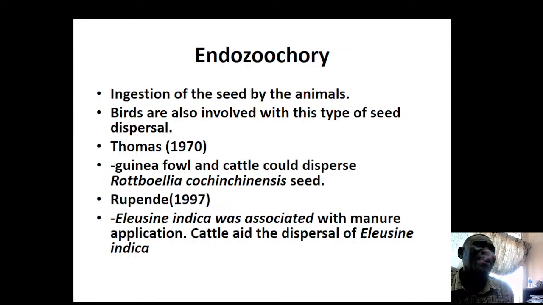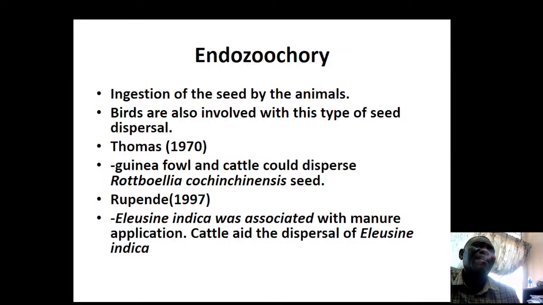For example, Thomas in 1970, who was studying the biology of Rottboellia cochinchinensis at the weed research team, found that guinea fowl and cattle, livestock, were involved with the dispersal of Rottboellia cochinchinensis.